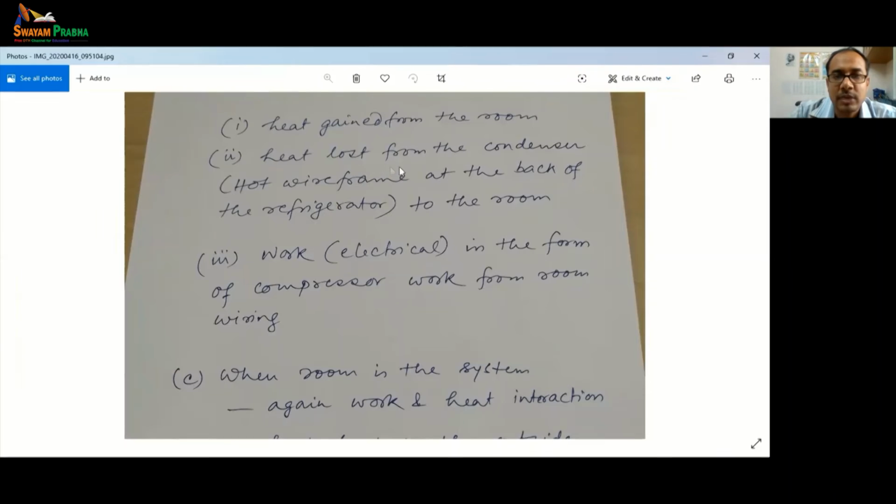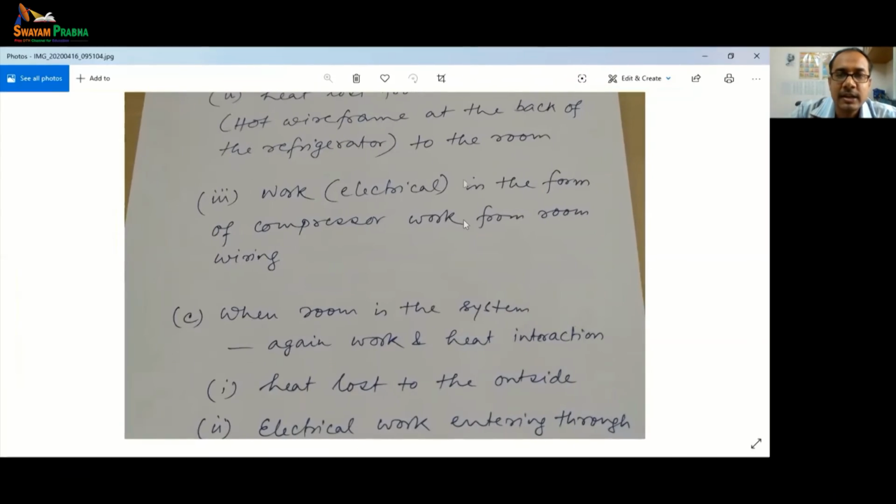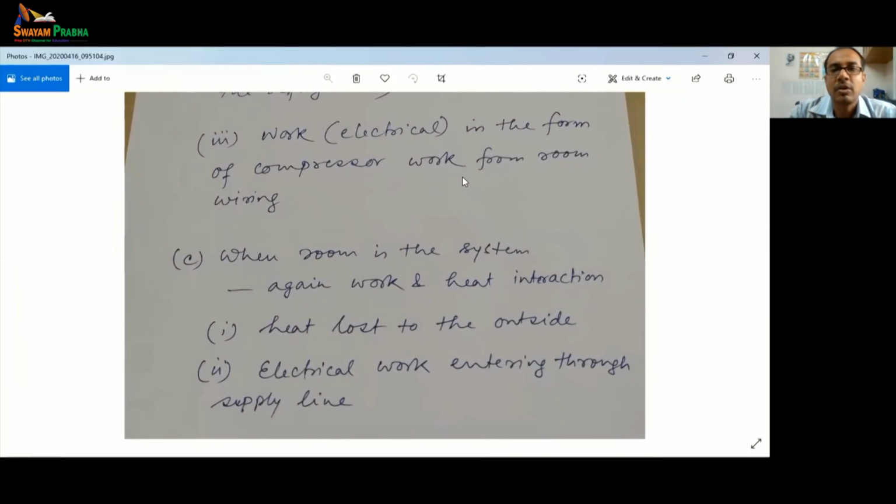Okay, so that is why heat is lost from the condenser. So these are two heat interactions it has, and the extra thing that is not directly interacting with the content is the work. Okay, work, that means the electrical work in the form of compressor work. Okay, and that is what is interacting with the refrigerator.